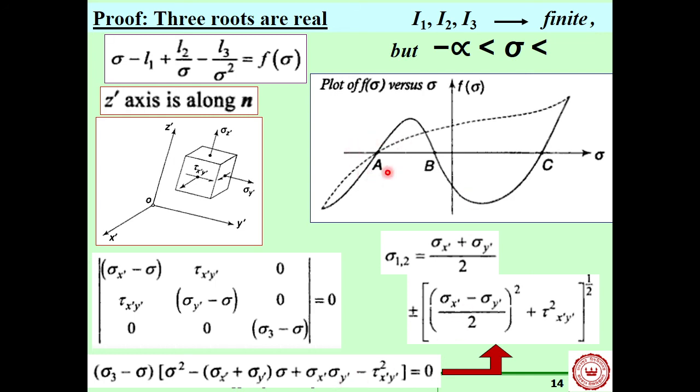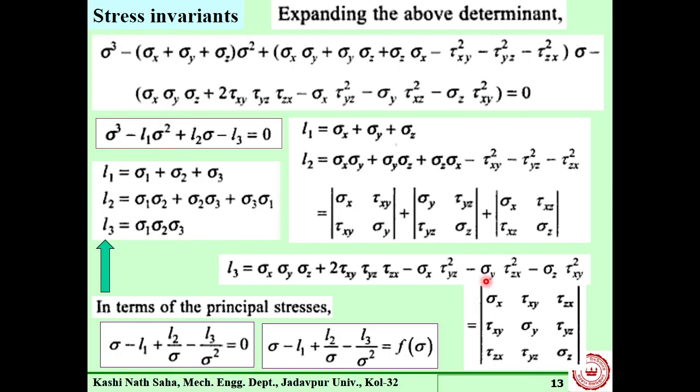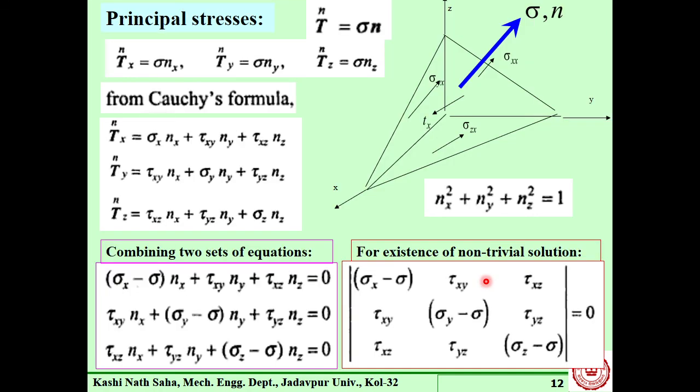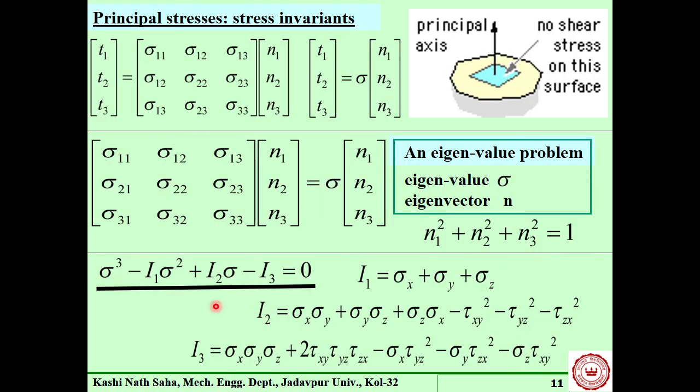We have already seen that this particular root is also a real number. So ultimately, it proves that the three roots of this characteristic equation are real. It's a proof that way. So when we solve this particular equation, we'll get three real numbers.